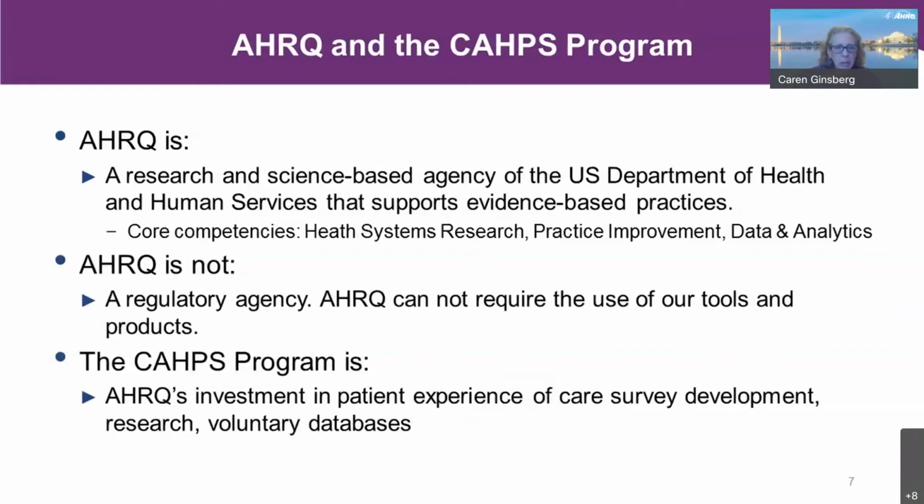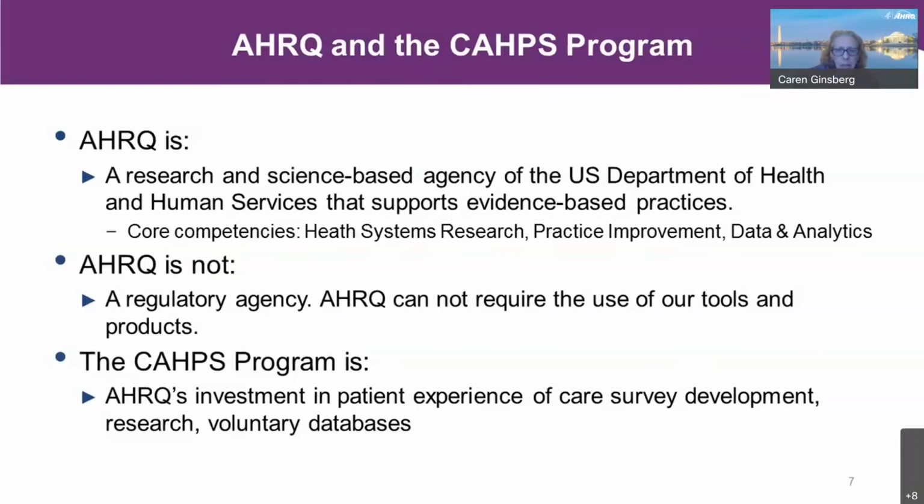So let me tell you a little bit about our agency and our core competencies. We're a science-based agency, part of the Department of Health and Human Services. And what we do is invest in research and evidence to make healthcare safer and to improve quality. And we generate measures and data that are used by providers and policymakers to improve performance of the U.S. healthcare system.